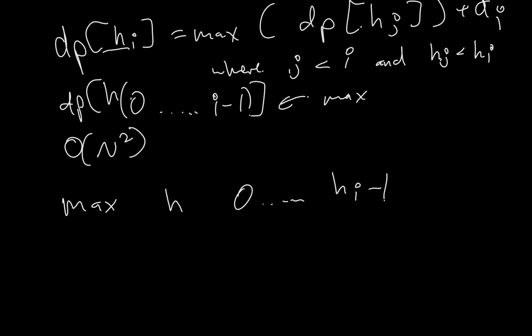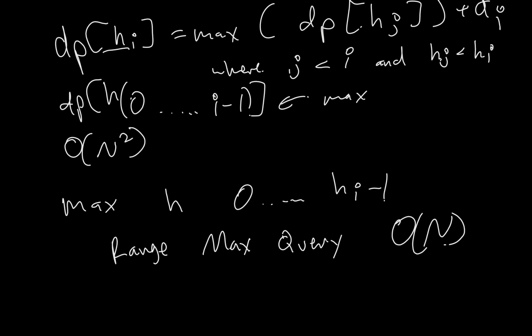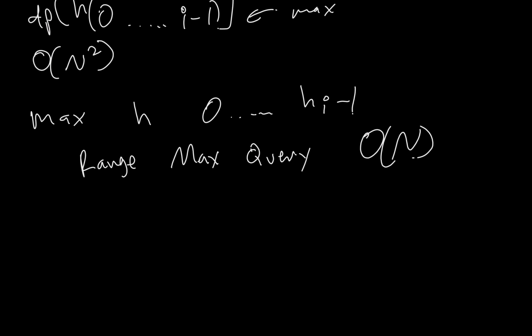So all we're doing is a range max query. In the simplest way of doing this, of course, this takes O of n, but using some clever data structures, we can reduce this to O of log n. So there's two ways to do this: you can use a segment tree or a binary indexed tree, like a Fenwick tree.